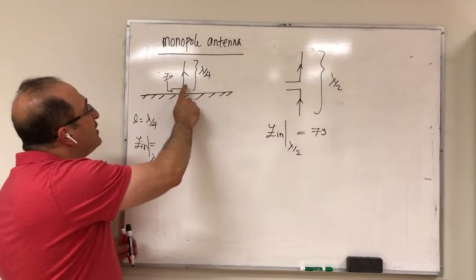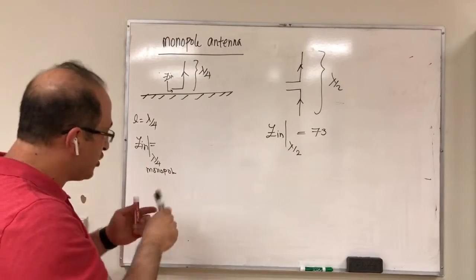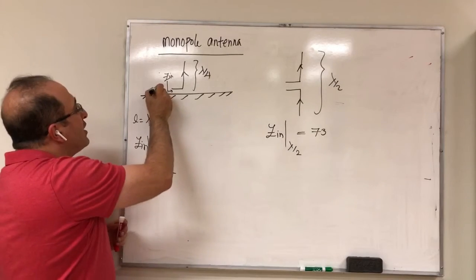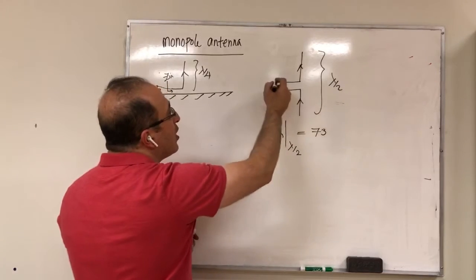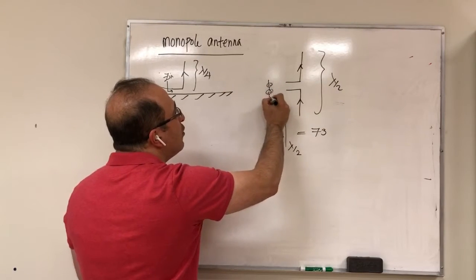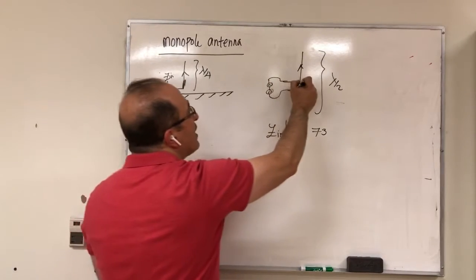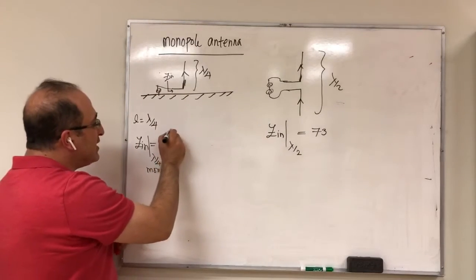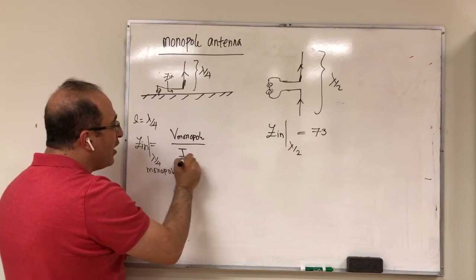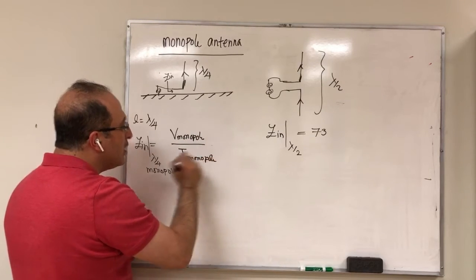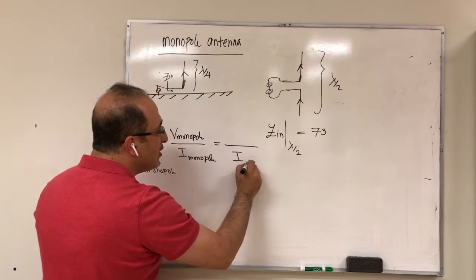So now what would be this Z in based on that? Based on image theory, if you have a voltage source here that drives this, then if you make it 2 arms, essentially you have 2 of those voltage sources. But the current here would be the same as the current here. So Z in is V of monopole divided by I of monopole. But I of monopole, right at the excitation port, is the same as I dipole.